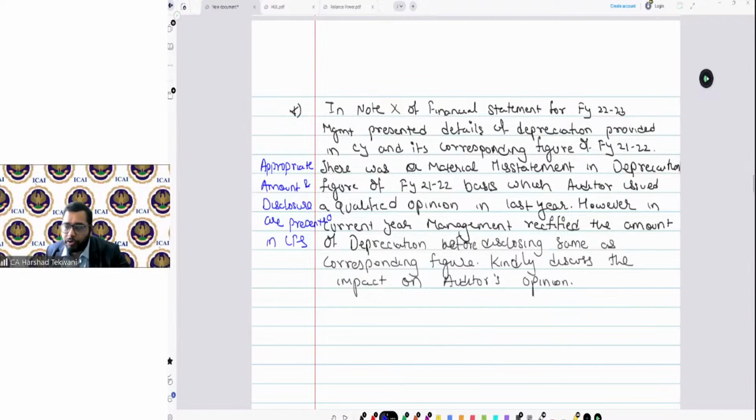Pretty much simple. Trust me. I'm just saying that there is no observation in the current year because the number has been rectified. If the number has been rectified and appropriately dealt with, how will you report it as an opinion?